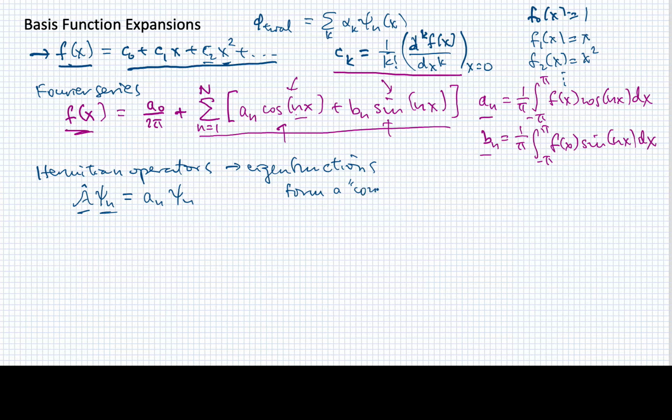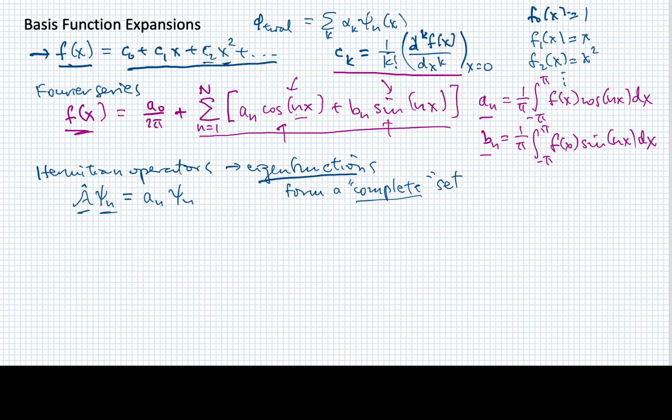And I'm going to put this in quotation marks, not because it's not really complete, but because complete means something very special mathematically in this case. It means that they are a set of functions that actually span the space. In other words, any function on that same spatial interval can be represented as a linear combination of these eigenfunctions.